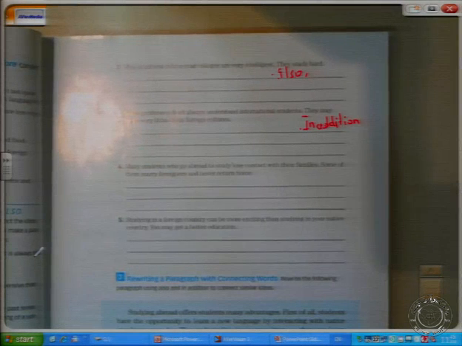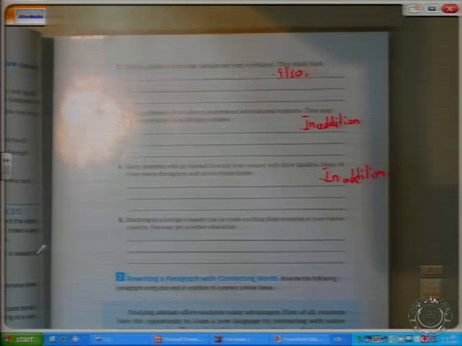It becomes: many students who go abroad to study lose contact with their families. In addition, some of them marry foreigners and never return home. In addition, we added similar information.